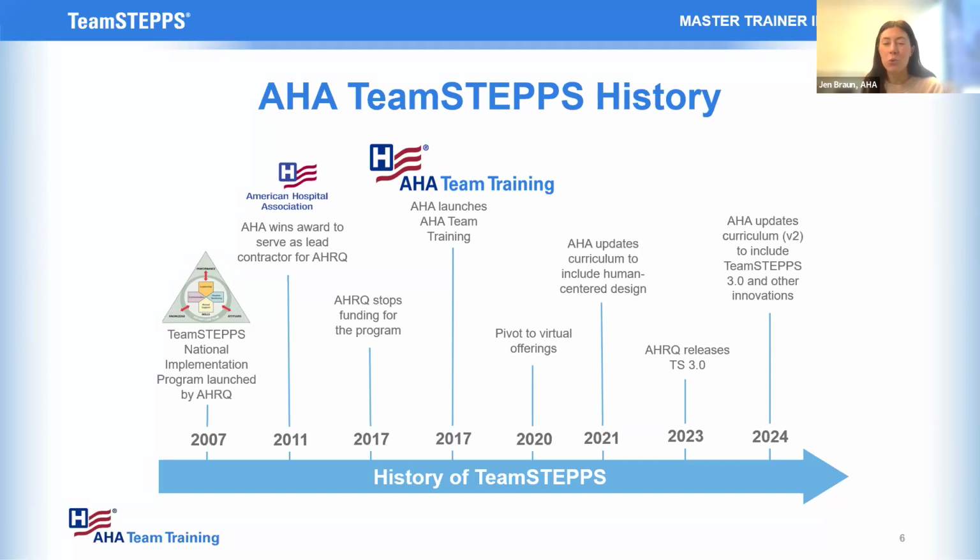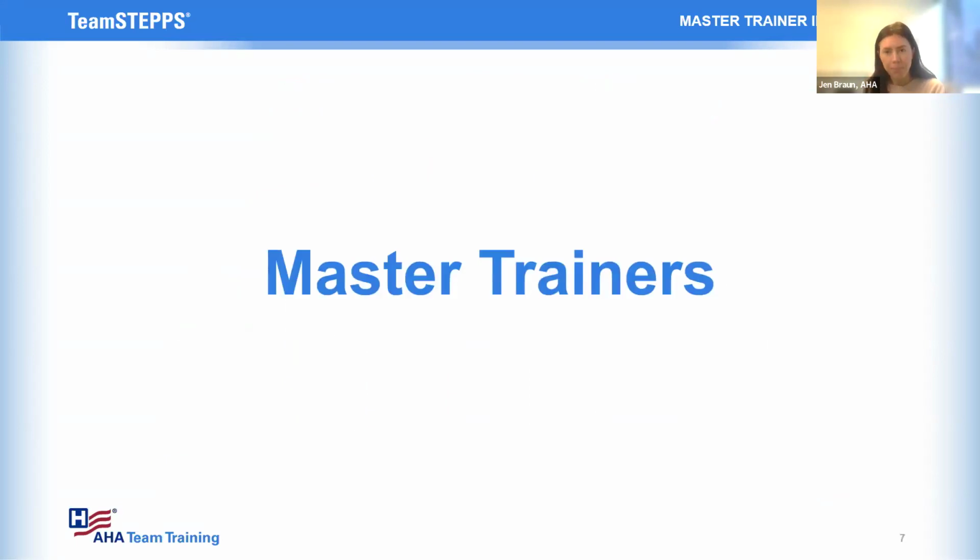Virtual teams, technology, the greater emphasis on staff well-being, expanding the definition of patients and families to patients, families, and caregivers. Ultimately, there aren't too many significant changes to the 2-day master training course itself. But in 2024, AHA Team Training incorporated some of the minor changes of 3.0 and included some other modifications that we'll share here today.